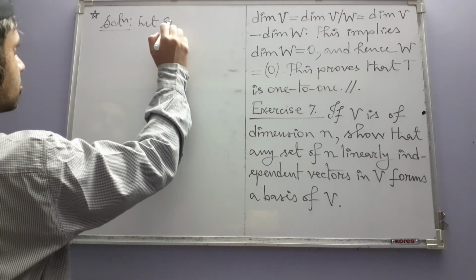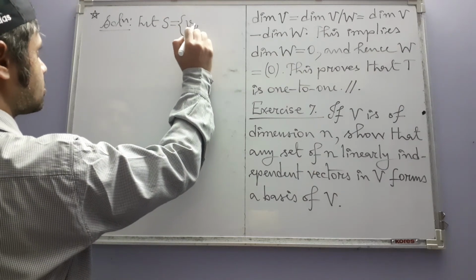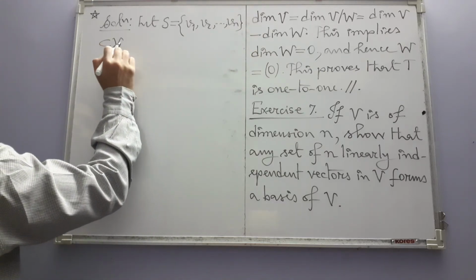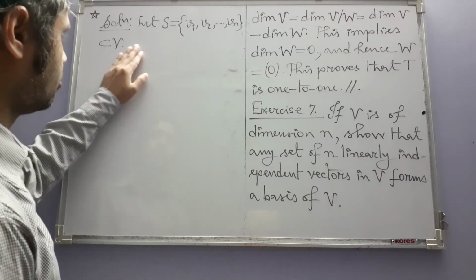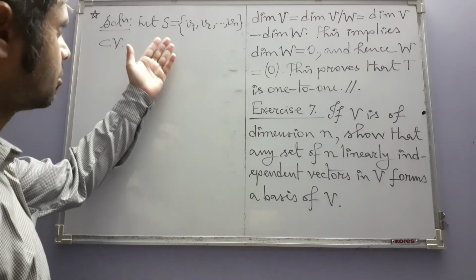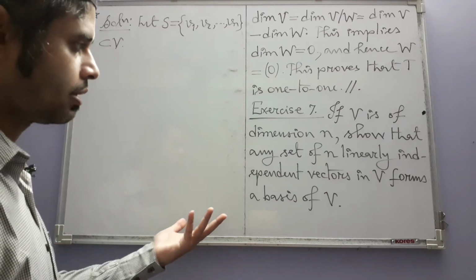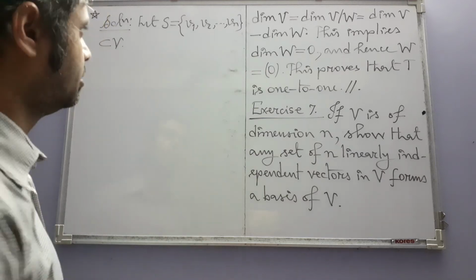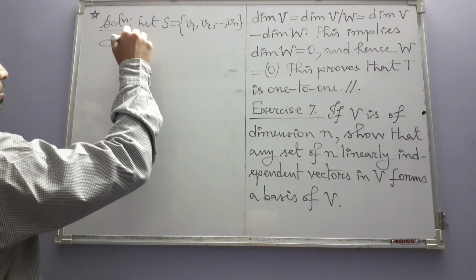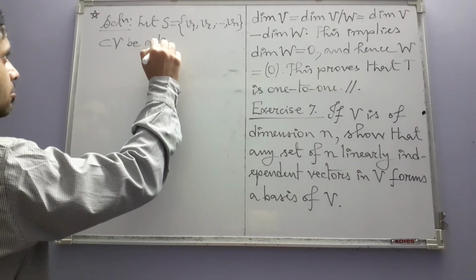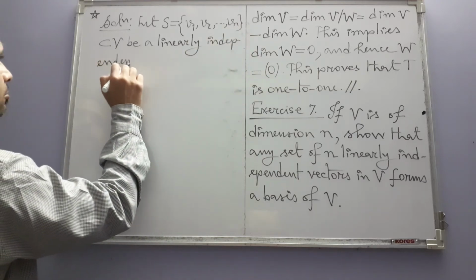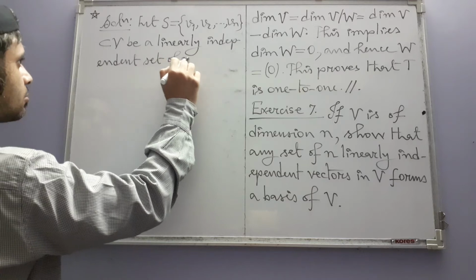Let S be a set of n vectors in V. If you either don't write this or don't mention that S is a subset of V, then of course that will not be correct, because simply taking a set of n elements does not tell us that necessarily they are coming from the vector space V. So this tells us that these vectors are in V. Let S be a linearly independent set of n vectors.